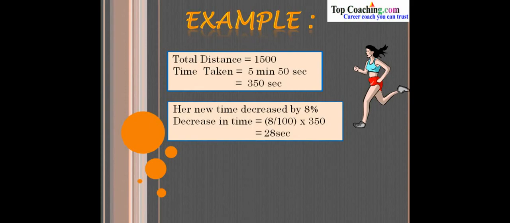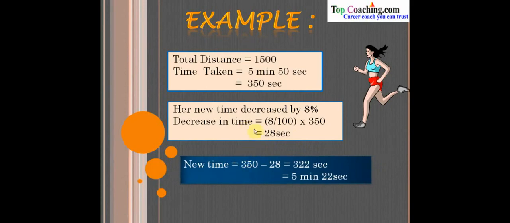So the decrease in time would be 8 by 100 into 350. 350 is the original time taken. So the absolute decrease would be equal to 8 by 100 into 350, which is equal to 28 seconds. Now the new time would be the original time minus the decrease that happened in the time. So that would be equal to 350 minus 28, which is equal to 322 seconds.